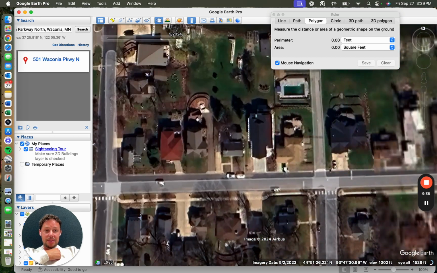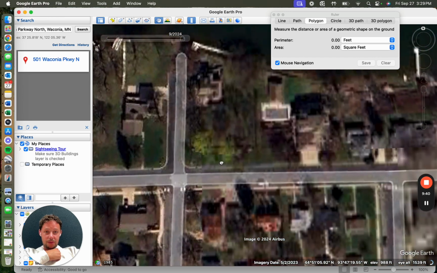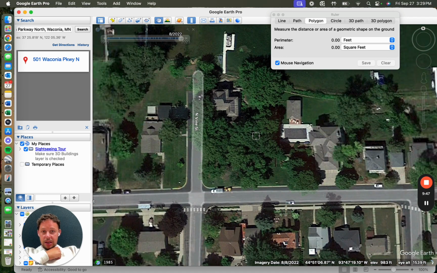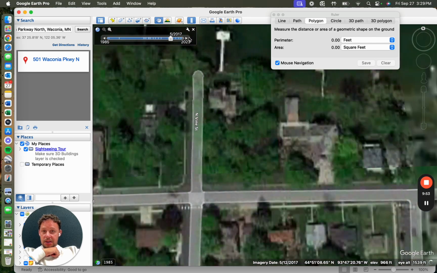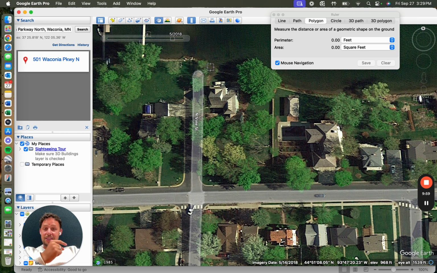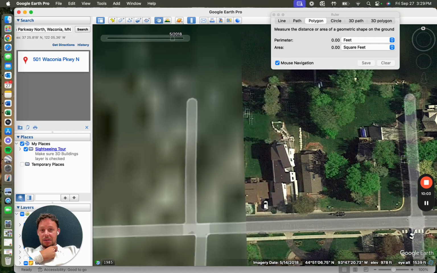But sometimes with Google Earth, if we were fooling around with this, we might have a house like this that has a lot of trees. So what's cool about Google Earth, you can look at different snapshots. And like in Minnesota, a big one that we use is usually 2018, because in 2018, there's usually a lot of snapshots closer to the city that just had no leaves.